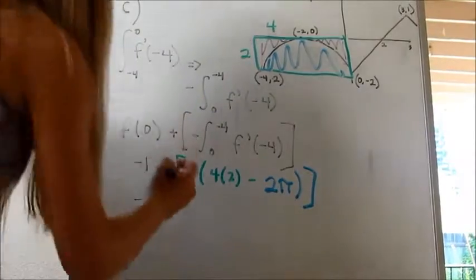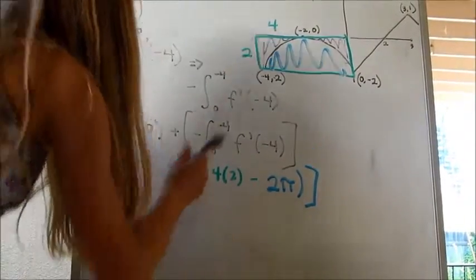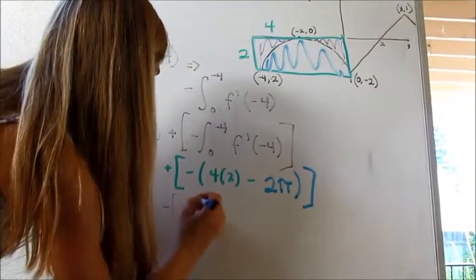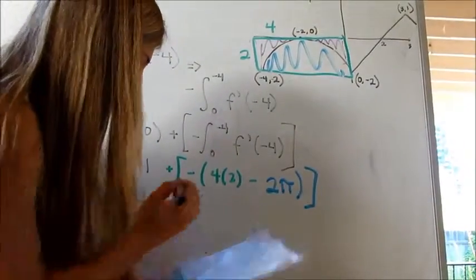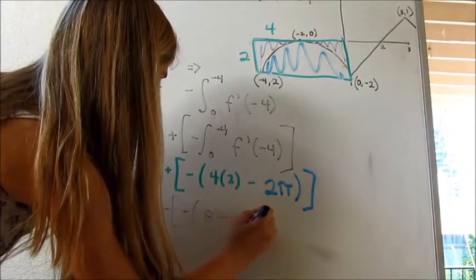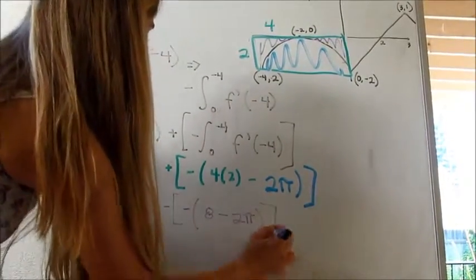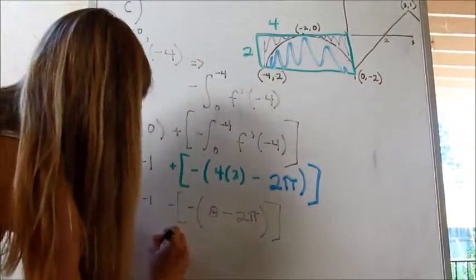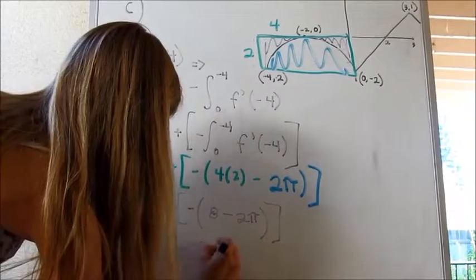And then you have to make the area negative because it's under the x-axis. So negative 8 minus 2 pi. And then simplifying this even more, you get 7 minus 2 pi.